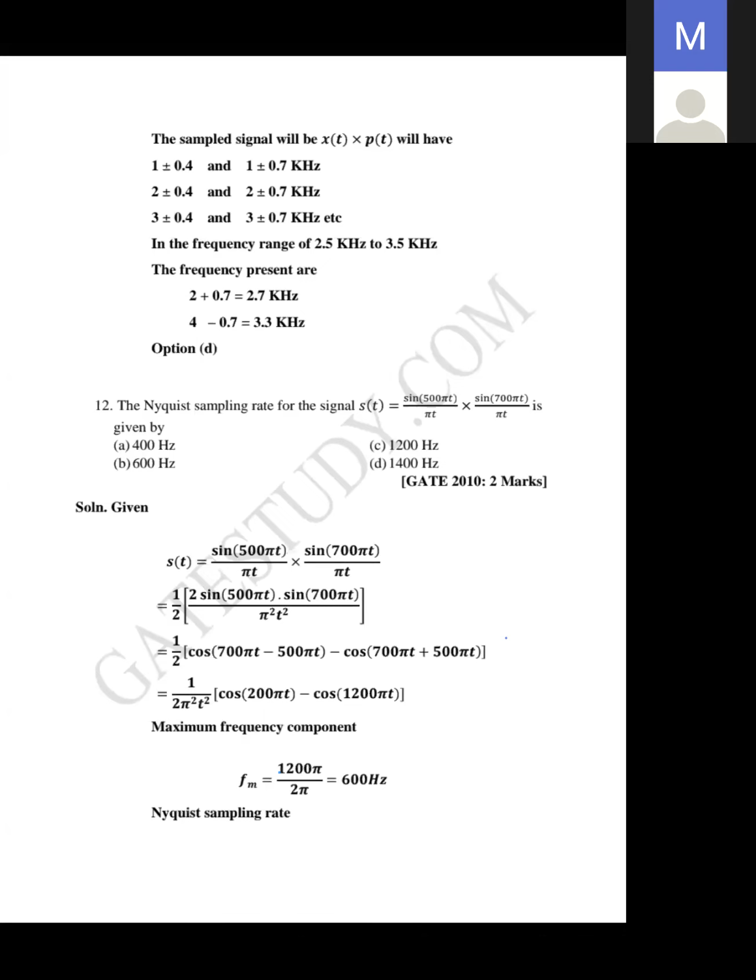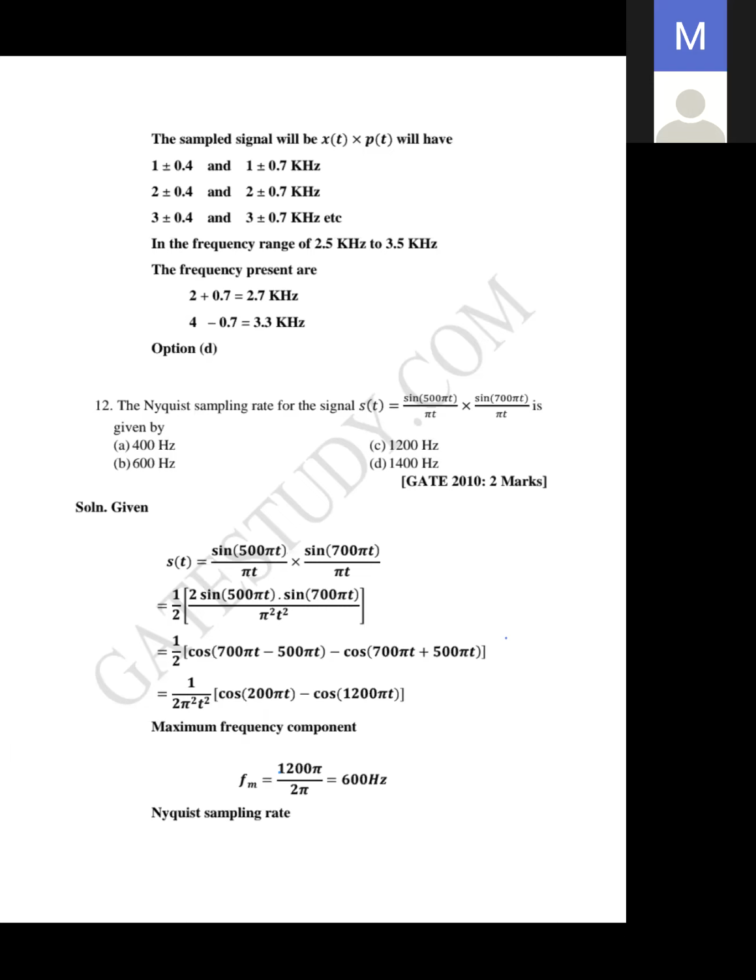Again they asked to find the Nyquist sampling rate. So given s of t is equal to sin 500 pi t by pi t into sin 700 pi t by pi t. Again, just multiply it. We get sin 500 pi t into sin 700 pi t by pi square t square. Okay, so we get the same equation as it is.